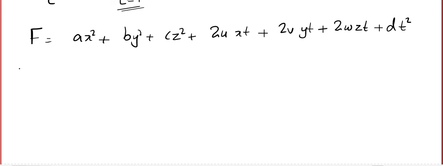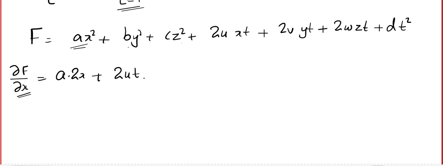Now what we do is we find the partial derivatives. When we differentiate with respect to x, x is the only variable, so we get 0, 0, 0 plus 2 into u into t into 1, and the others will be 0.